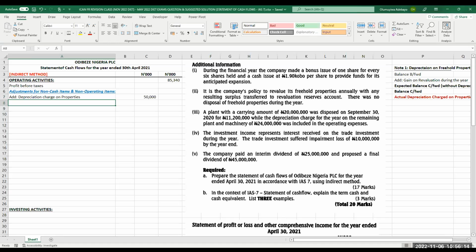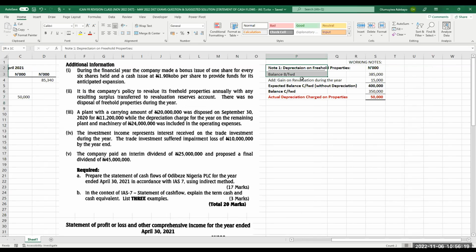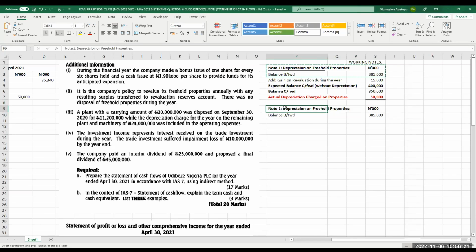Also, I still have one more property to handle. Probably I'll call it working 2. And that is on plant and equipment, or plant and machinery.